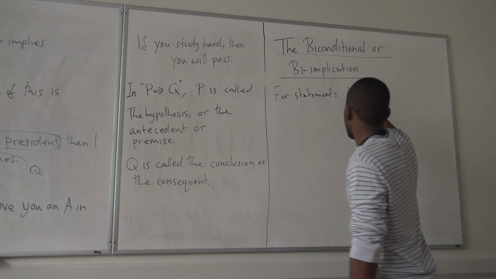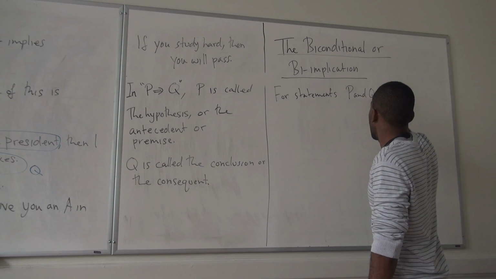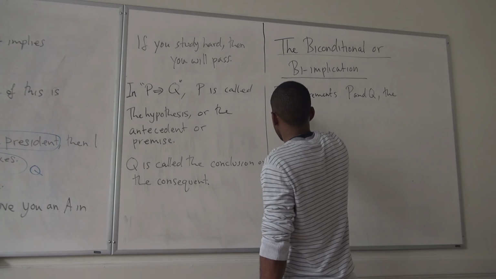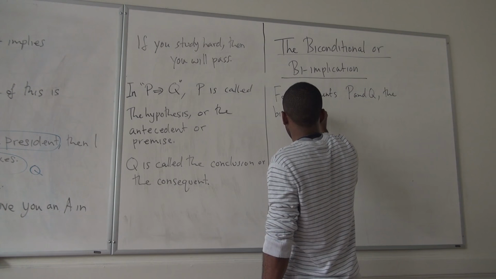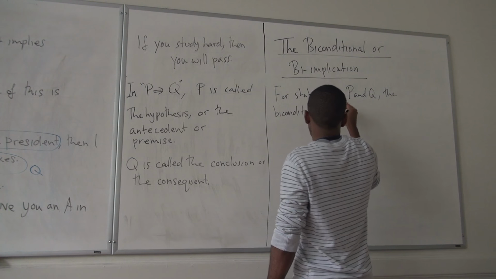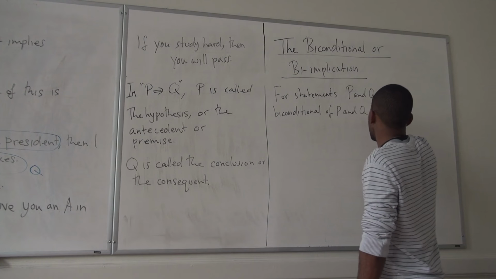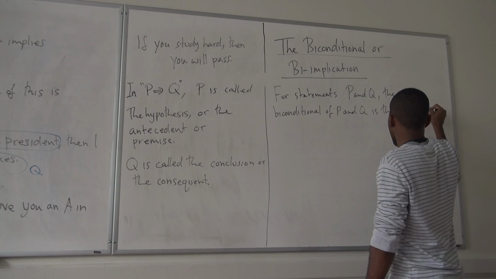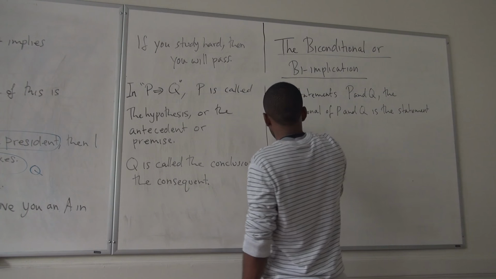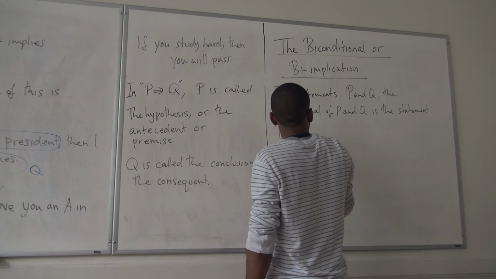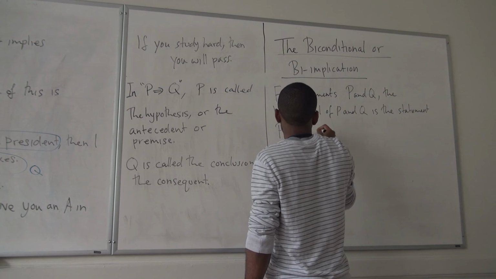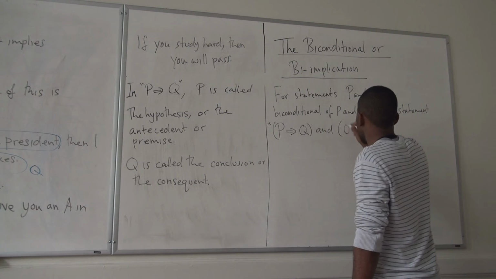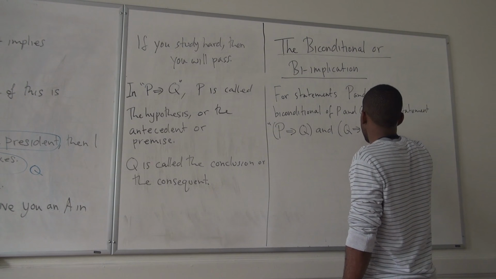For statements P and Q, the biconditional P and Q is the statement P implies Q and Q implies P.